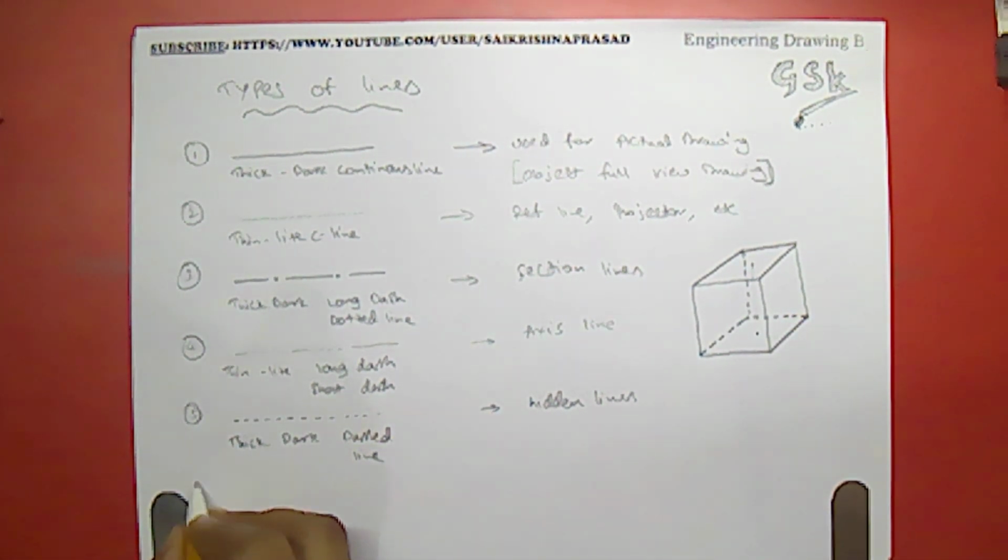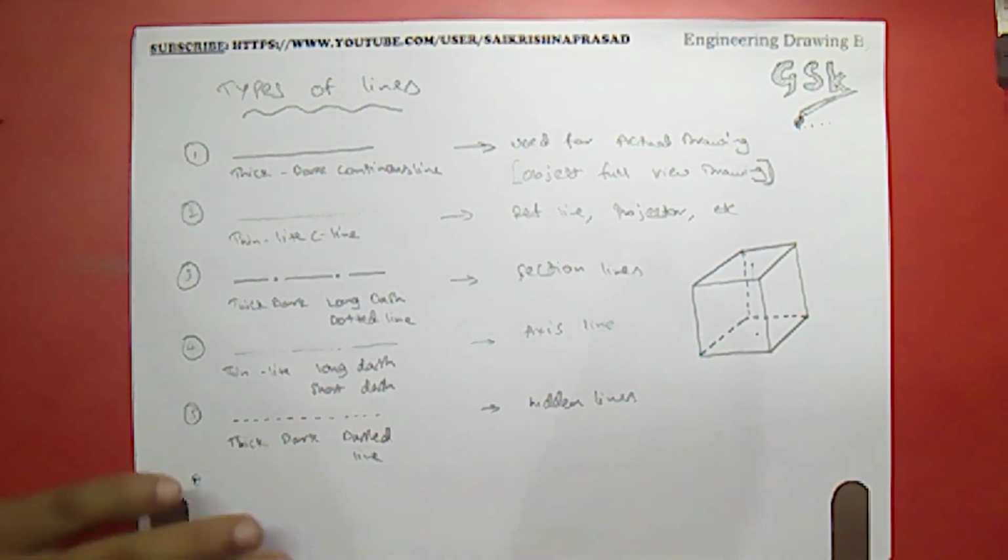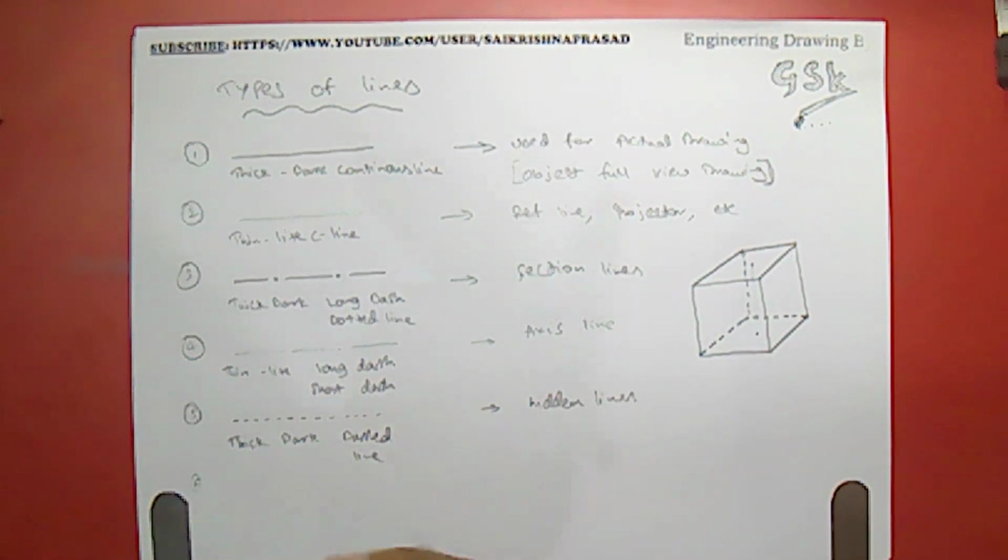And one more line I have to mention, which I forgot to mention. That is the dimensioning line. That would be in this form, light. The arrows would be dark, and the arrow is in a 1:3 ratio.